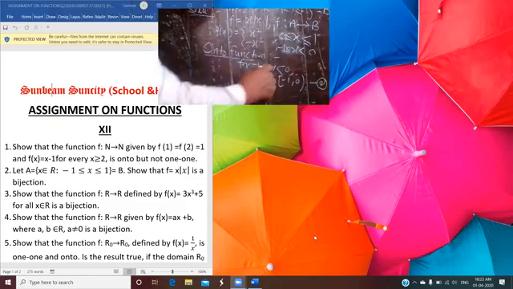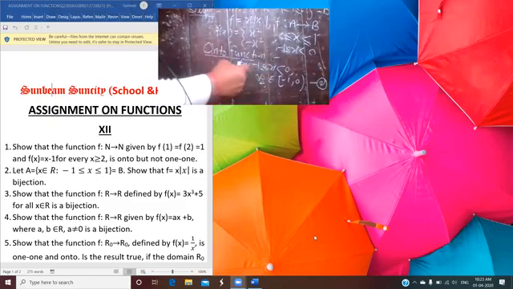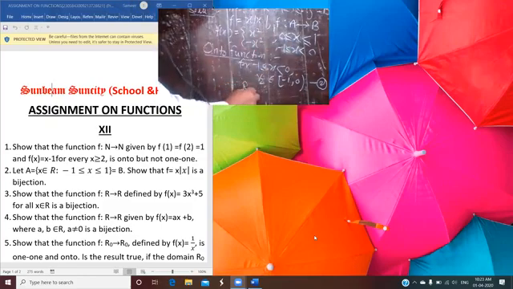Now, combining 1 and 2, that means taking the union of these two, you have the range.